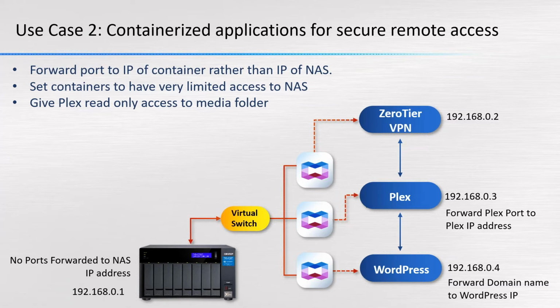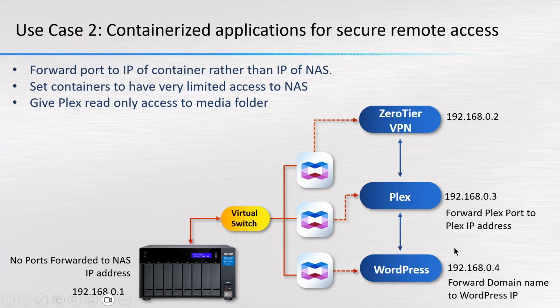With that kind of very isolated access, you're much less vulnerable. It takes security to the next level to containerize apps, because containers are isolated. You can greatly limit the privileges of the container. And if ever you have to forward ports, you can forward ports to a different IP, not the IP of your NAS. And the same for WordPress.